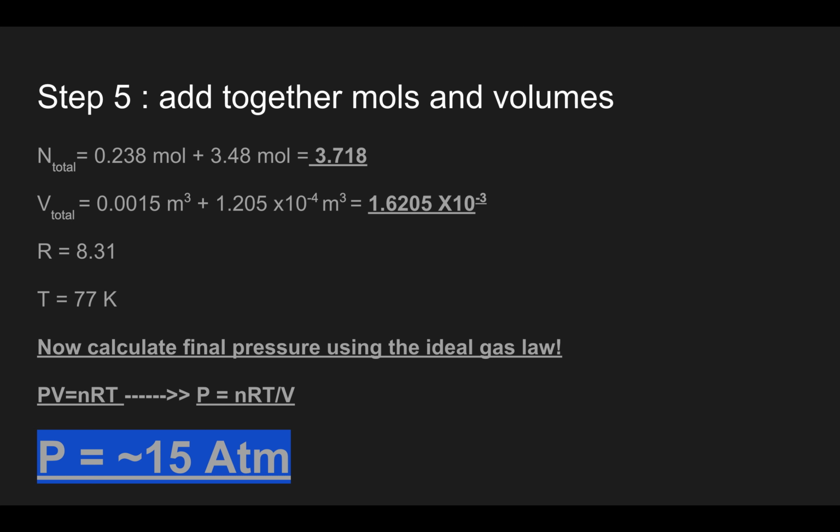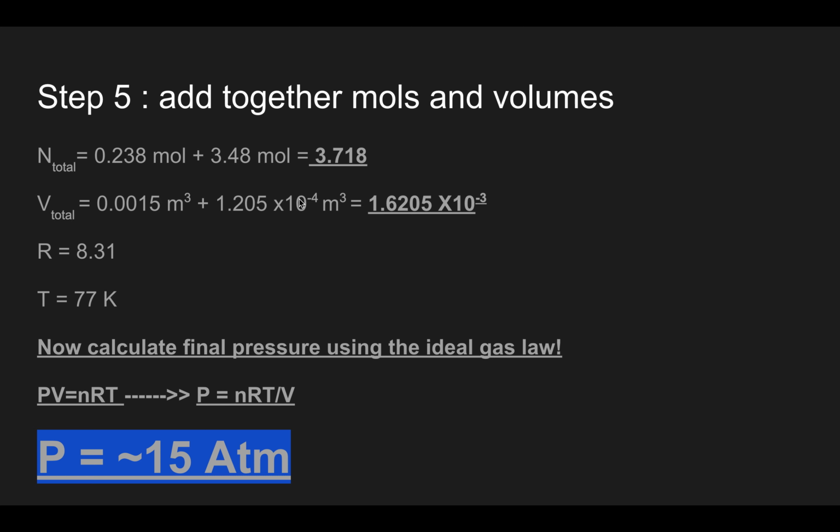Here we go. Last step. We're going to add the moles and the volumes that we calculated before, put them together, and then use the ideal gas law again to calculate the pressure. The total moles, the original moles that were already a gas plus the ones that got converted, is 3.718 moles. I forgot to put moles, but that's what I mean. For the total volume, we have the original 1,500 milliliters in meters cubed plus the meters cubed of the ones that we converted.